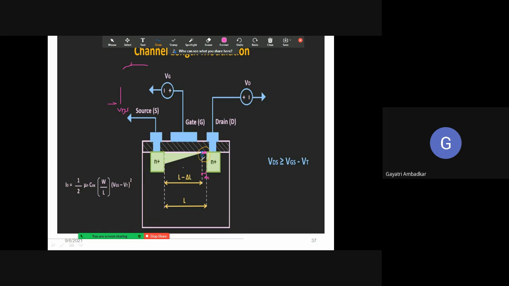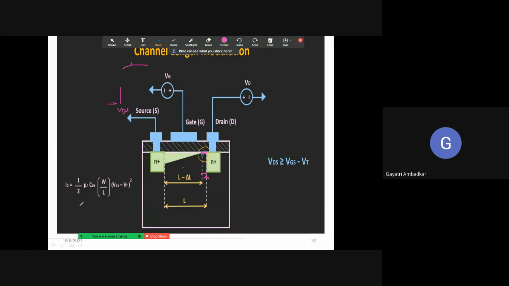As you change VDS, the length of the channel also changes. The length of the effective current-conducting channel changes. If this is the length of the channel, because of the increase in VDS, the pinch off point will move away, and therefore this length is now L minus delta L. It means channel length modulation is happening.